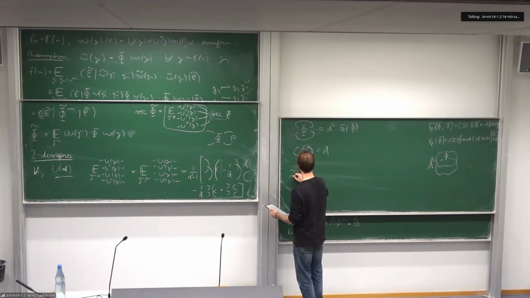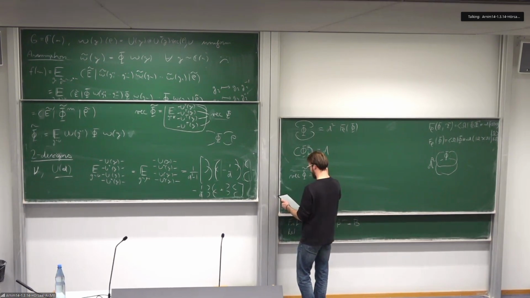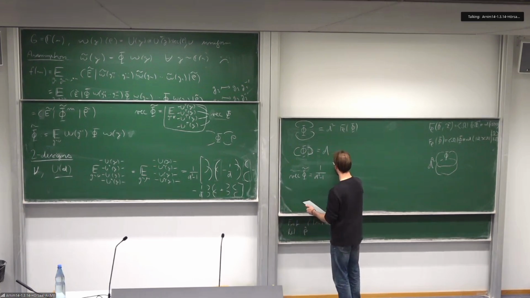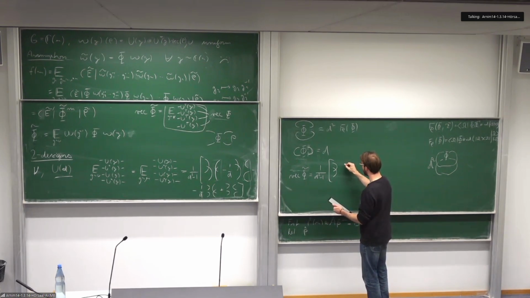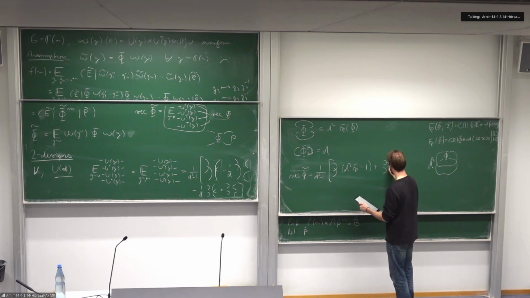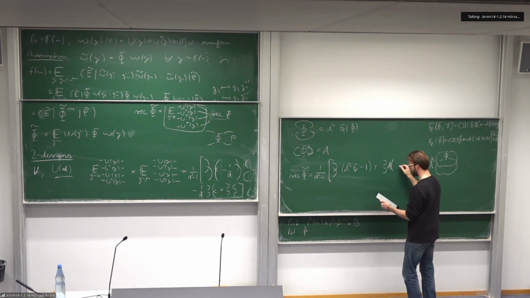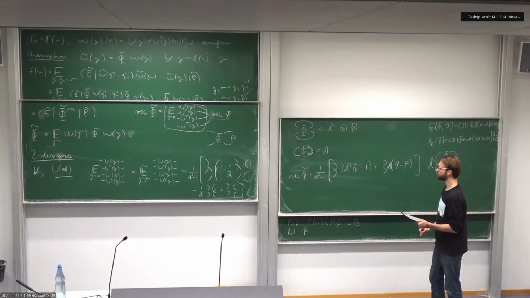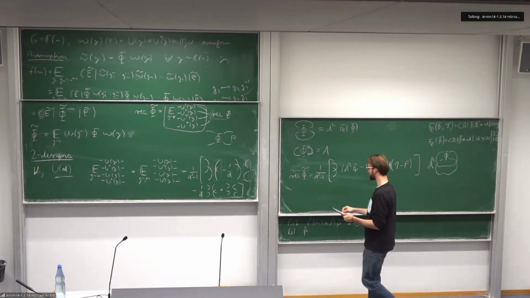I get that the vectorized version of phi tilde is 1 over d squared minus 1, and then I have this times d squared Fe minus 1, and I have this times d times 1 minus F. Right? I just plug it in and put some terms together.